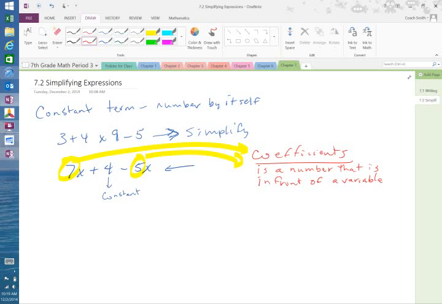All right, now, in this problem, the 7x and the 5x are called like terms.